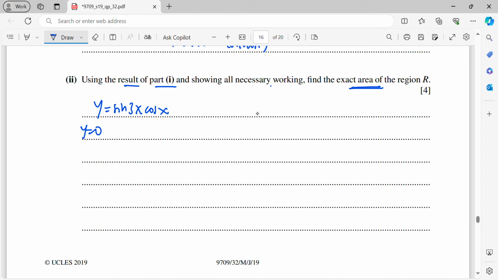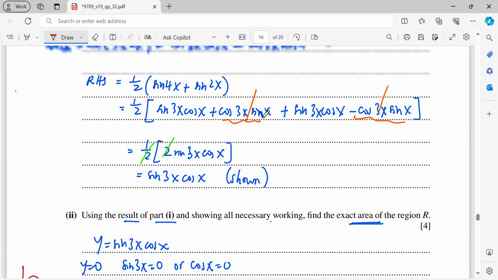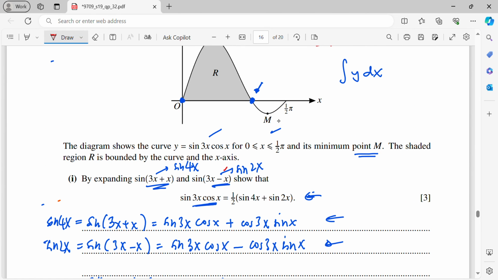That means either sine 3x equals 0 or cos x equals 0. So sine 3x equals 0 means that for your 3x, you refer to the sine graph. Look at the interval. See your x from 0 to half pi.